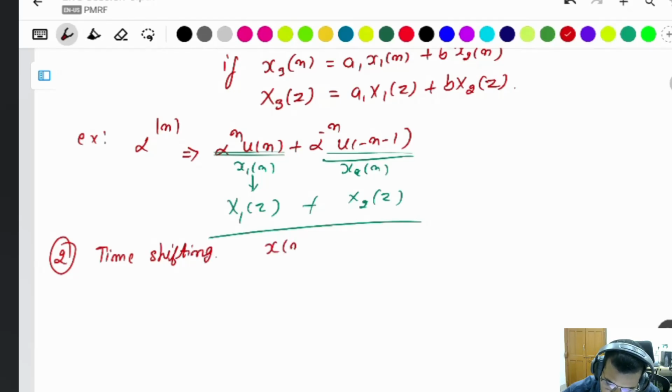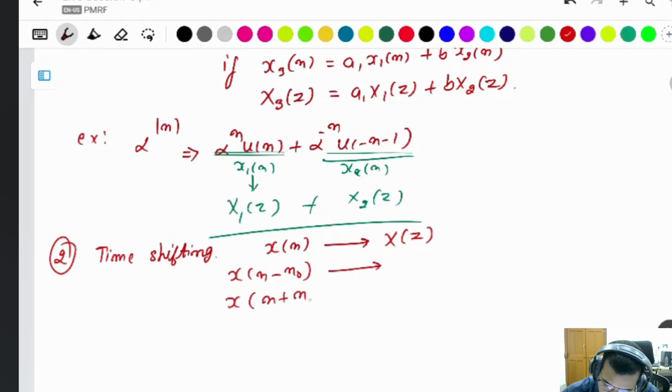If x[n] has some z transform X(z), and we give some delay, where n naught is a constant, or you can advance the signal x[n plus n naught], then you have to check: z to the power of minus n naught times X(z).